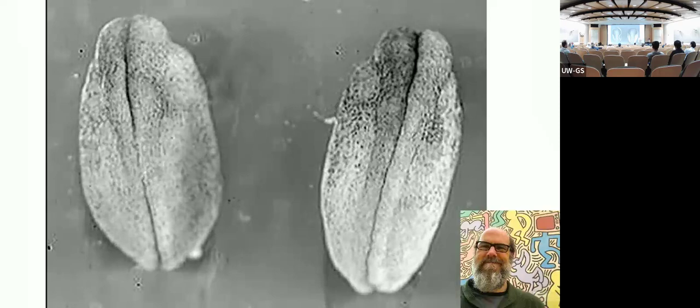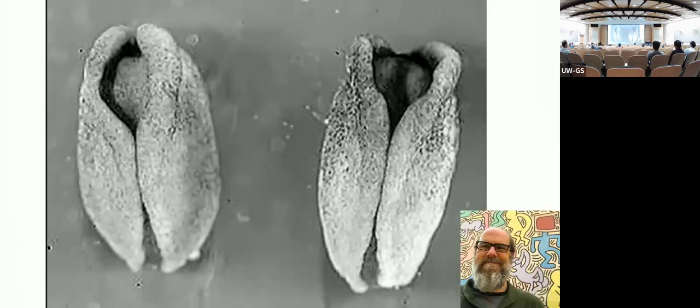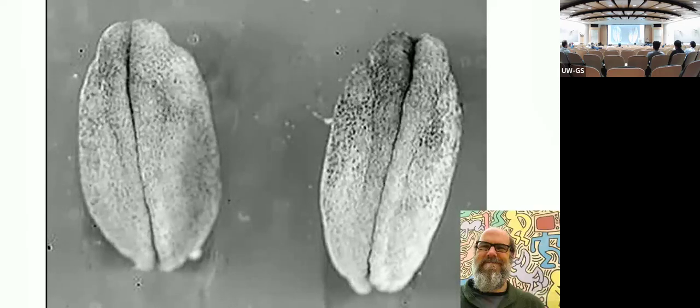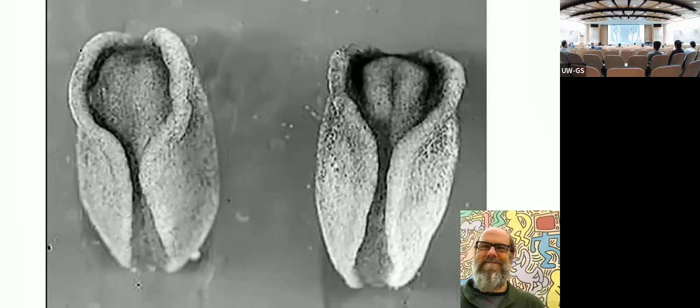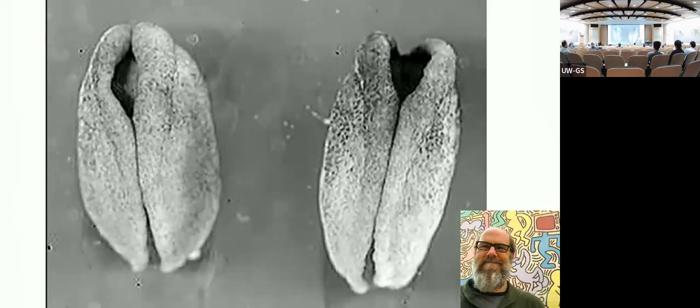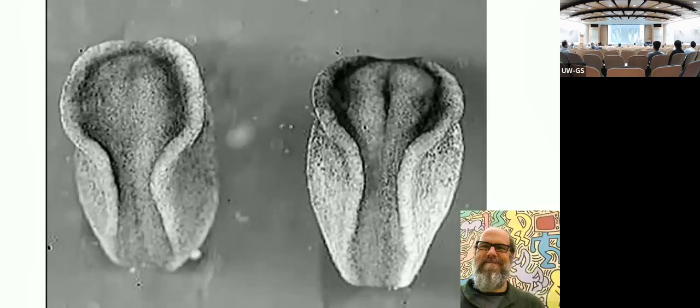You can see that this region here is the flat neural plate, and that ends up folding into a tube, and that tube ends up giving rise to your spinal cord, as well as your brain in this anterior region.